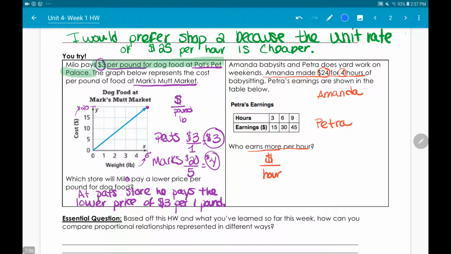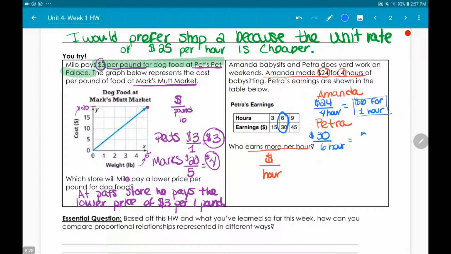All right, so Amanda's cost is $24 per 4 hours. When I divide those, that equals $6 for 1 hour. That's my unit rate for Amanda. For Petra, I pick a point on the table. So now I have $30 divided by 6 hours.